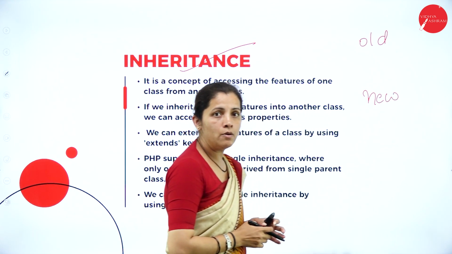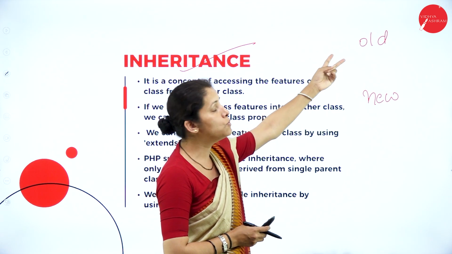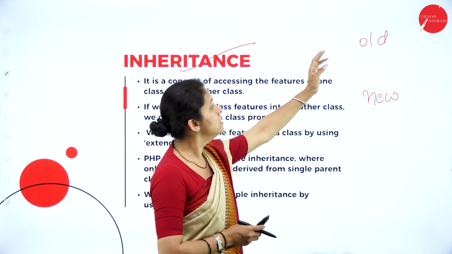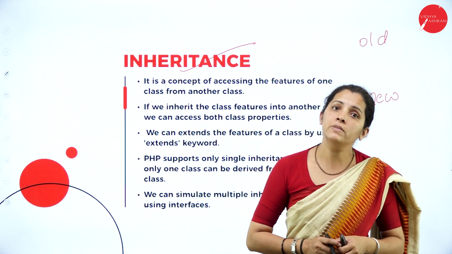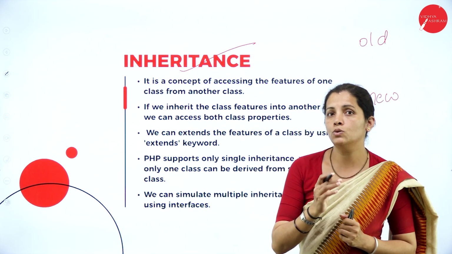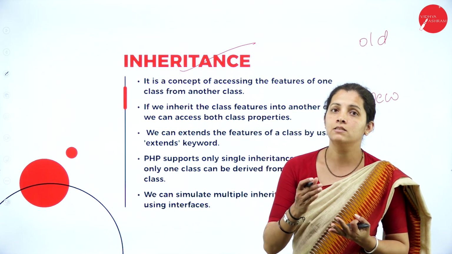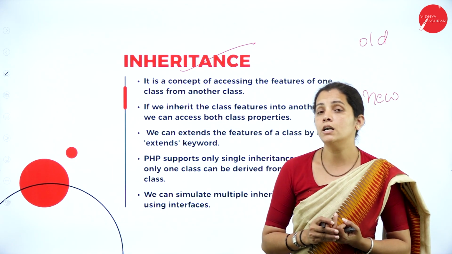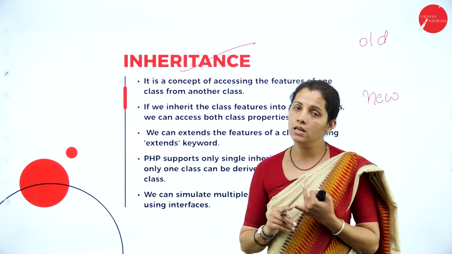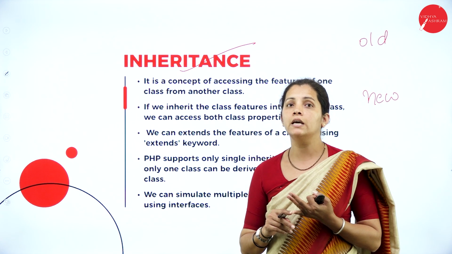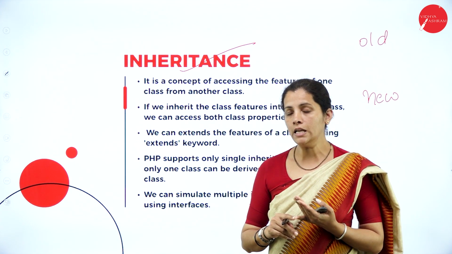When I create a new class using the old class, then it is called inheritance. I'm going to derive a new class from the old class, that is known as inheritance. And in C++, Java, or .NET, we have discussed inheritance. There we have discussed single inheritance, multiple inheritance, multi-level inheritance, and hierarchical inheritance.